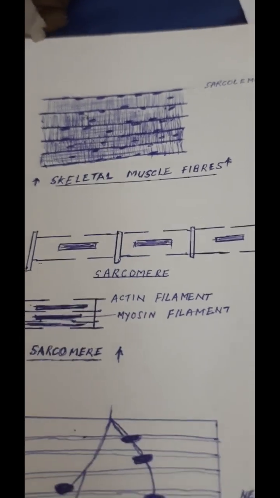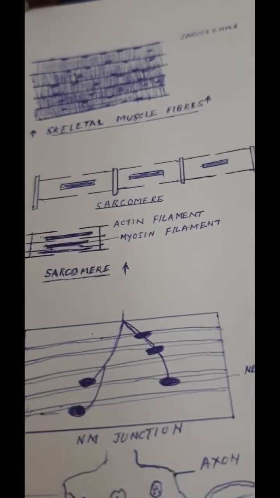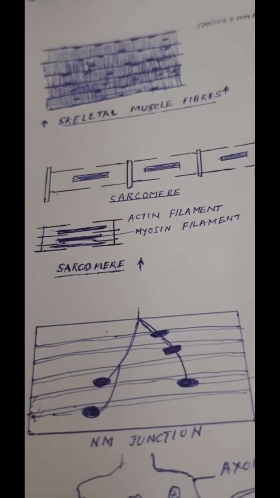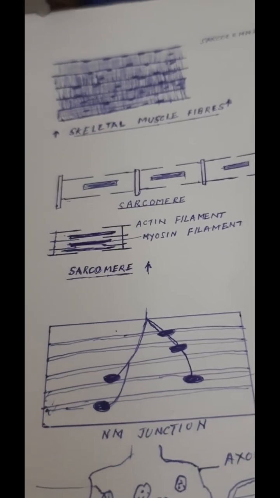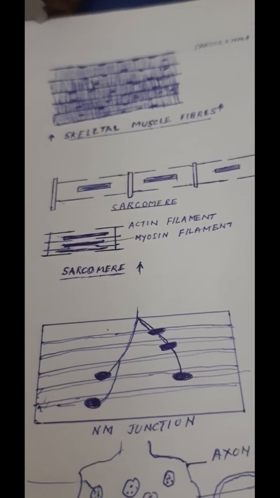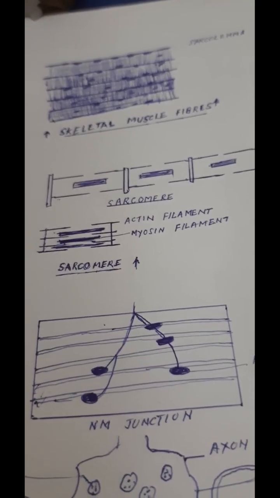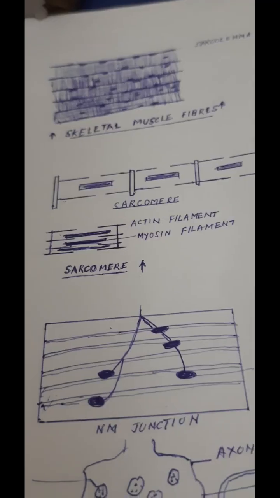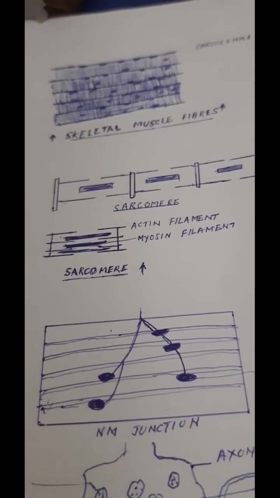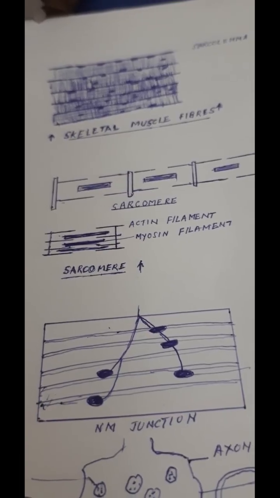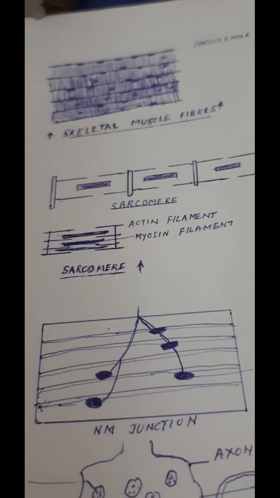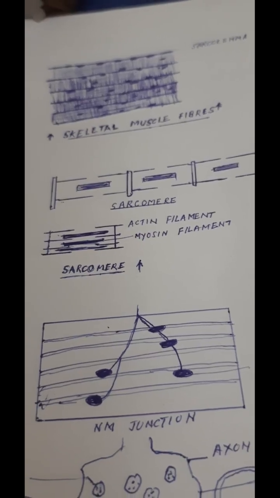It also has a source of energy, which is glycogen and glucose. Now coming next, you find there is a motor nerve fiber. The terminal part of the motor nerve is branching and conveys, transfers the impulse which is generated to the muscle fibers.